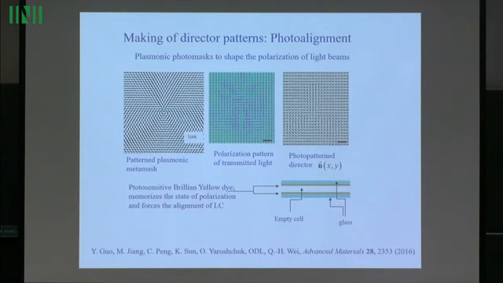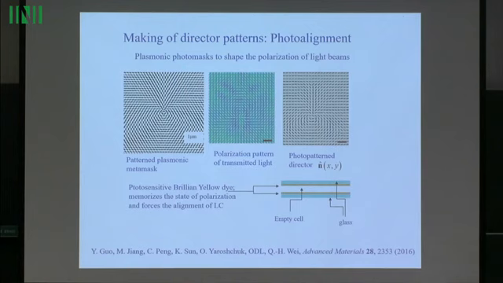And then you irradiate the photosensitive substrate, the molecules will be aligned perpendicularly to the local polarization of light, and so two perpendicular transformations result in the pattern of molecular orientation that is the same as the pattern of these nanoslits in the photomask. And if you create this cell with two photosensitive substrates and irradiate both of them at the same time, you would obtain this pattern that is identical at the bottom and top.